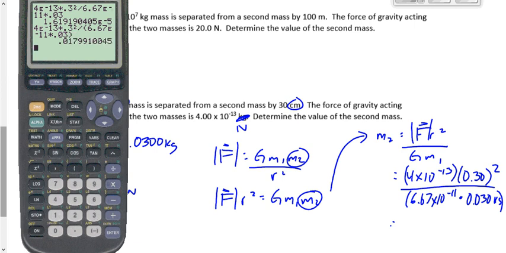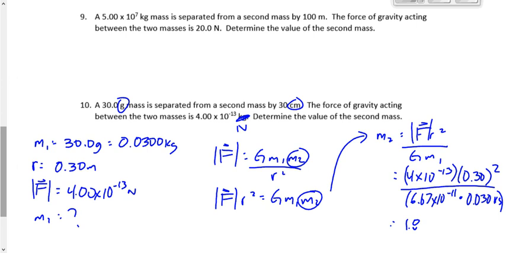We do this, and we get 0.017 or 1.8 times 10 to the negative 2 kilograms. How many people got that? Okay, good.